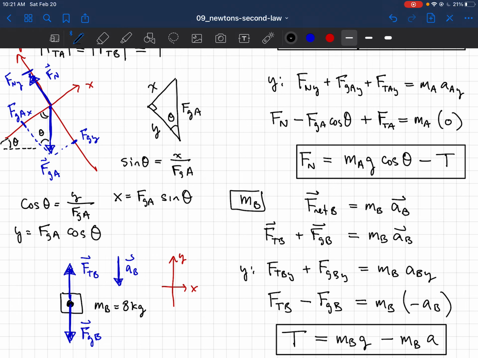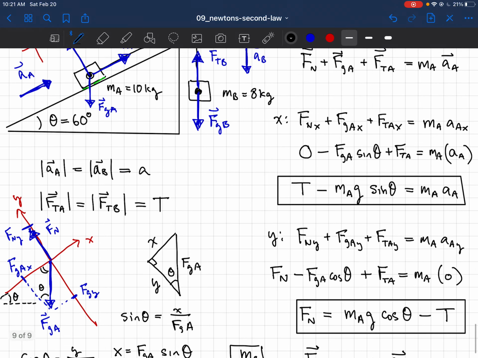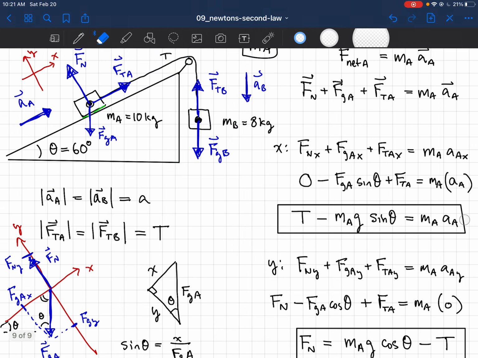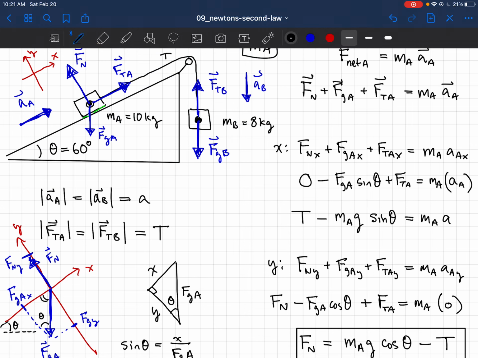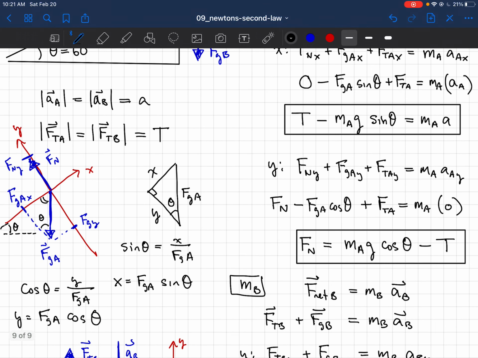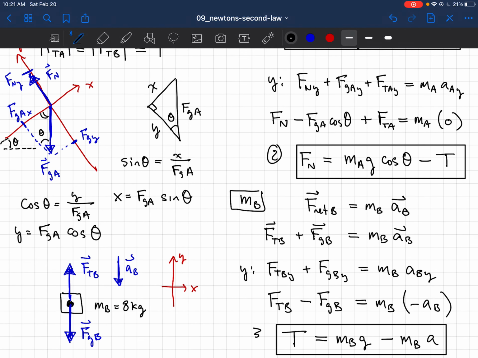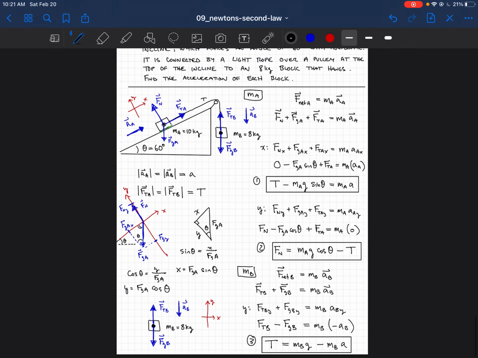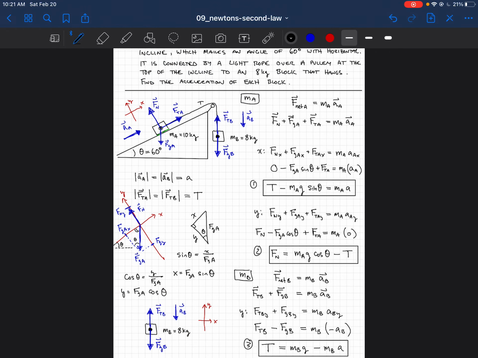And if we go back through to our other boxed equations, I can make exactly the same change up here. So that's not a_A, but it's actually just a, meaning the acceleration of box A and the acceleration of box B are the same. So we have 1, 2, 3 boxed equations.